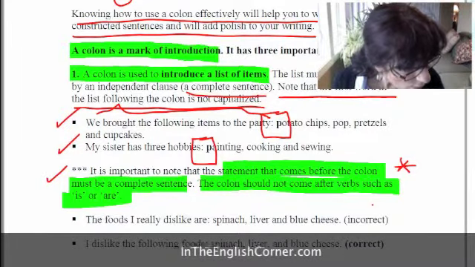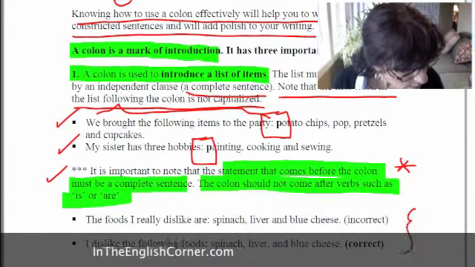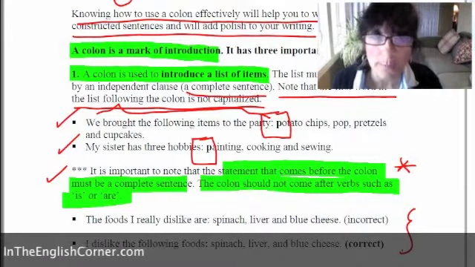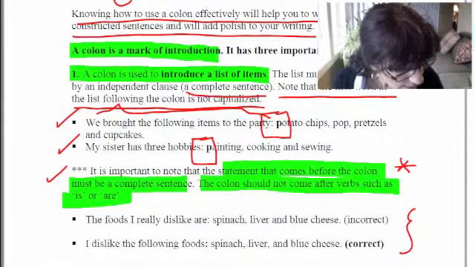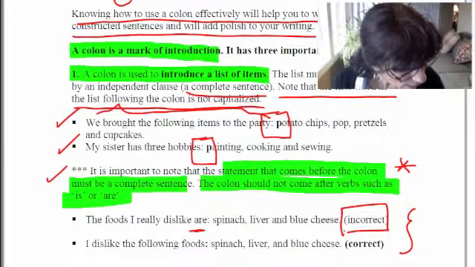Now the colon should not come after verbs such as is or are. Let's look at these 2 examples that I provided you with. The first one, the foods I really dislike are spinach, liver, and blue cheese. Because you've got the verb are, it says in this rule that the colon should not come after verbs such as is or are, so it's incorrect.